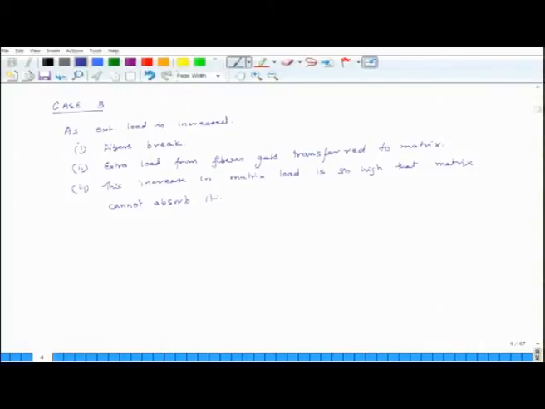So, fourth, matrix also breaks immediately. So, we can say that fibers, matrix and composite fail at same load.